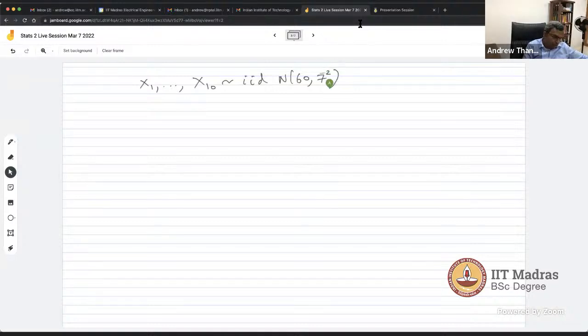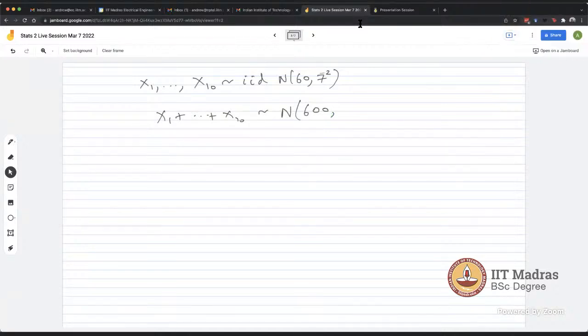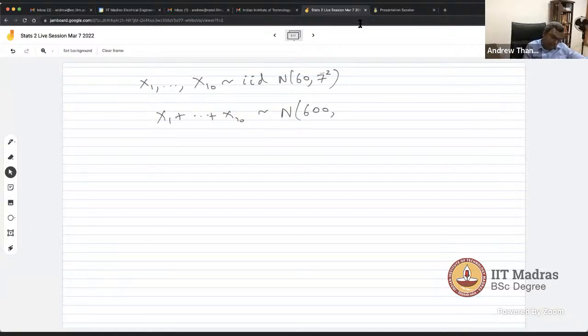So this is IID, and then what would be the normal approximation for x1 plus x10? It's going to be normal. What will be the mean? 600. What will be the variance? 10 times 7 squared, so 490 or something like that.